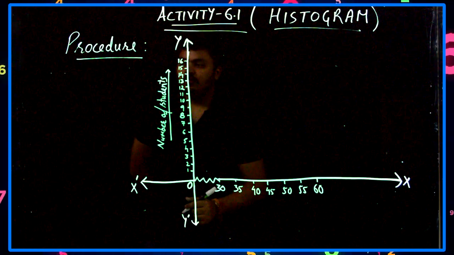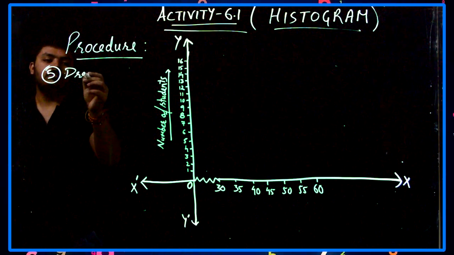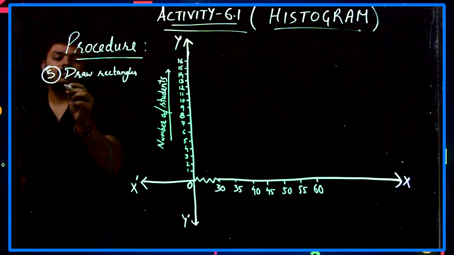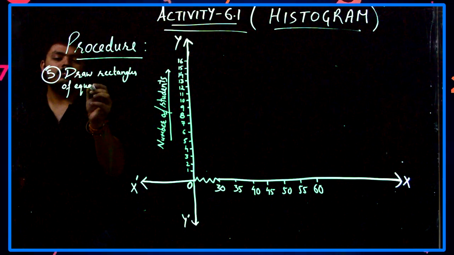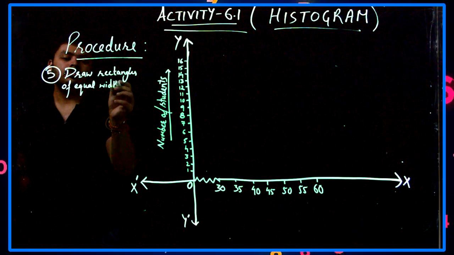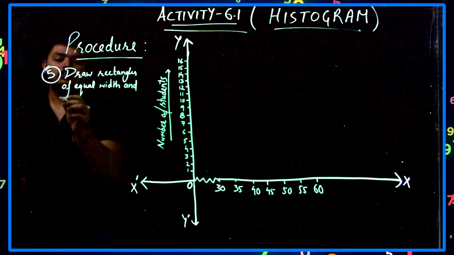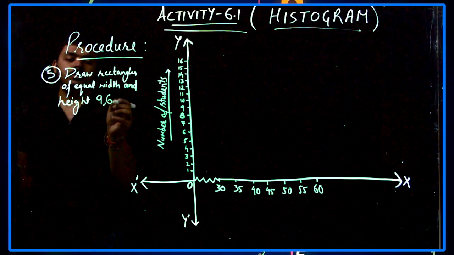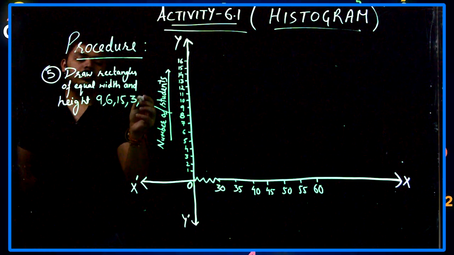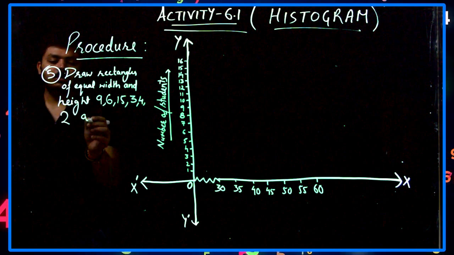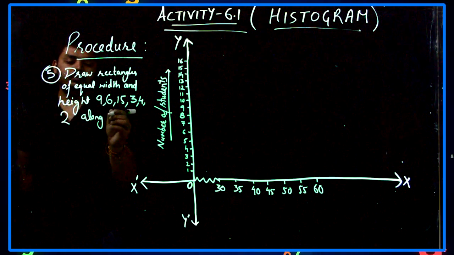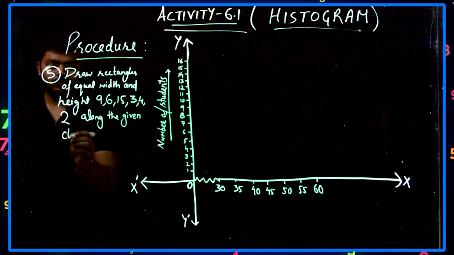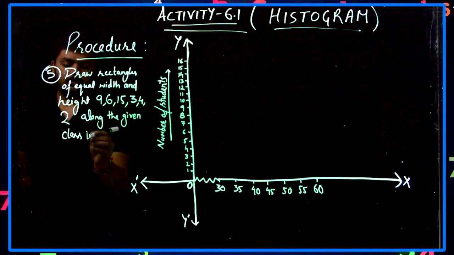So our first frequency: draw rectangles of equal width and heights 9, 6, 15, 3, 4, 2 along each interval, along the given class interval.